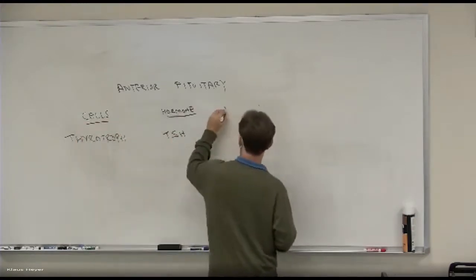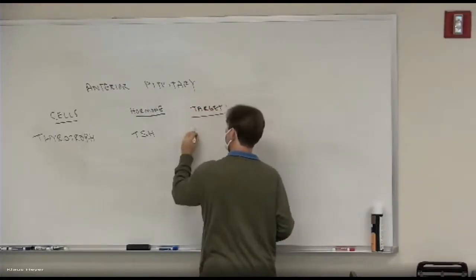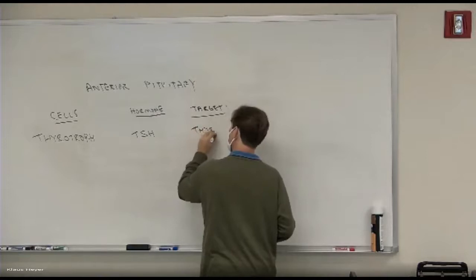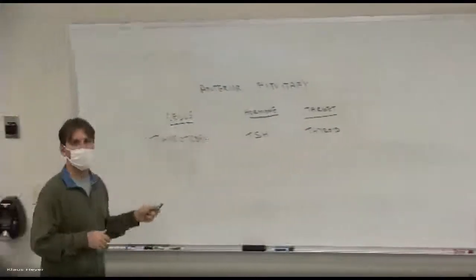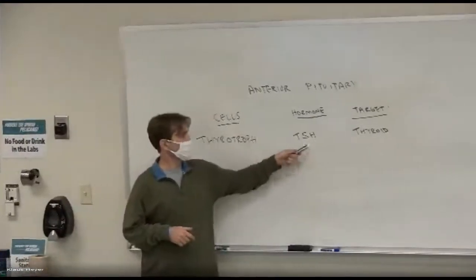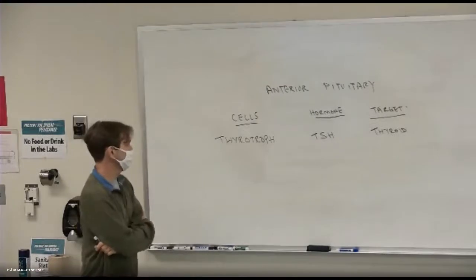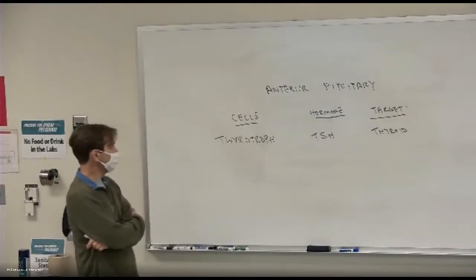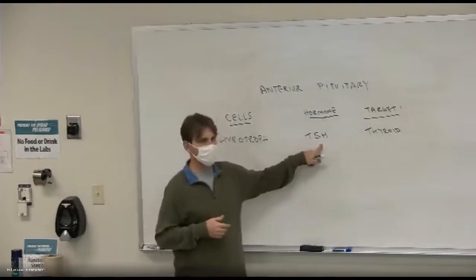I'll put the target here. That TSH is on its way to the thyroid. So that's the cell of the anterior pituitary, and that's the hormone that it makes.